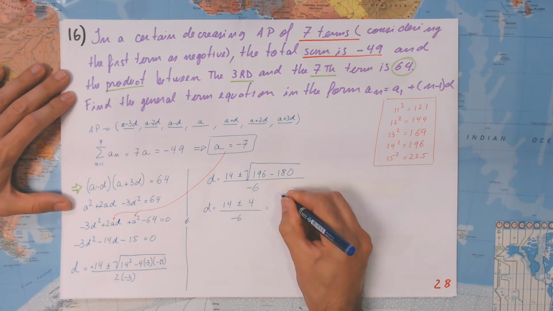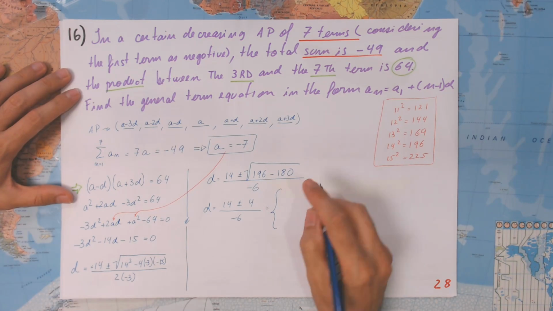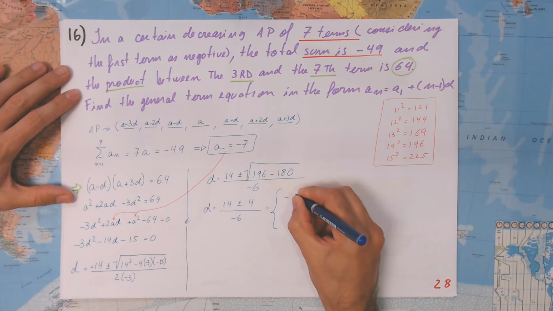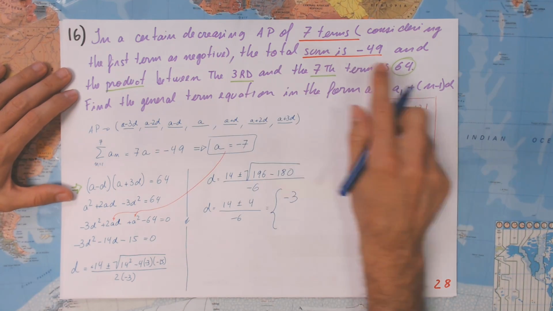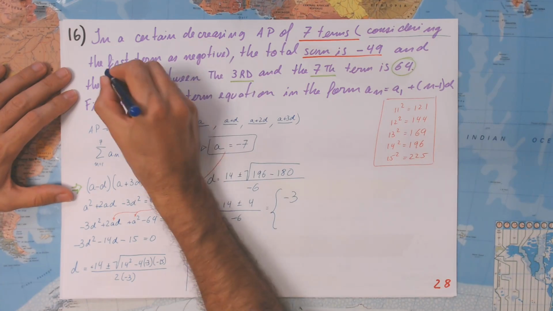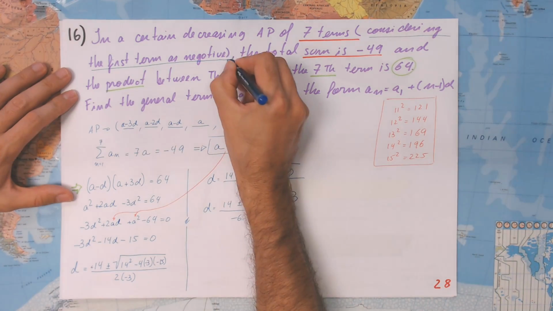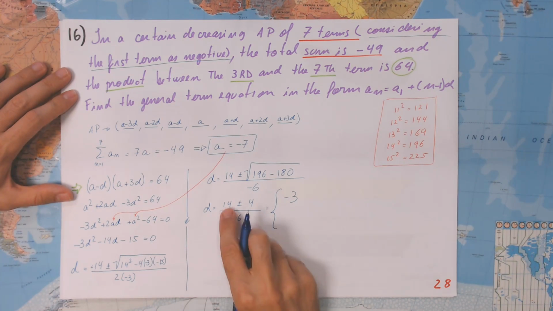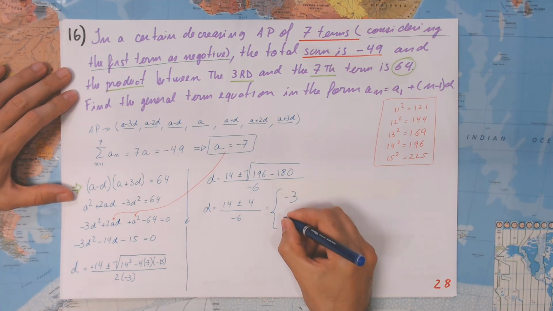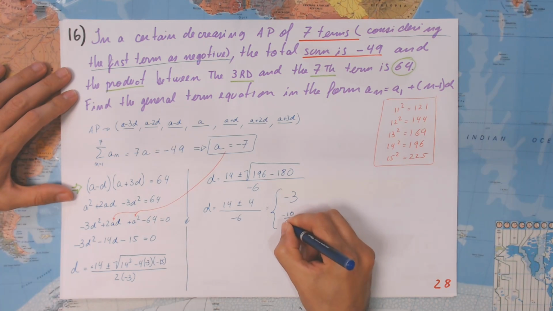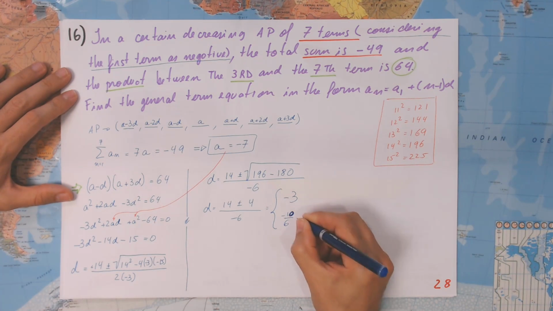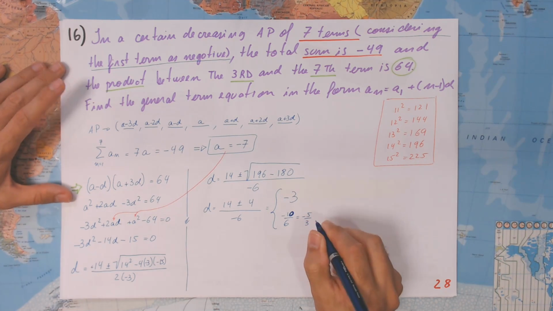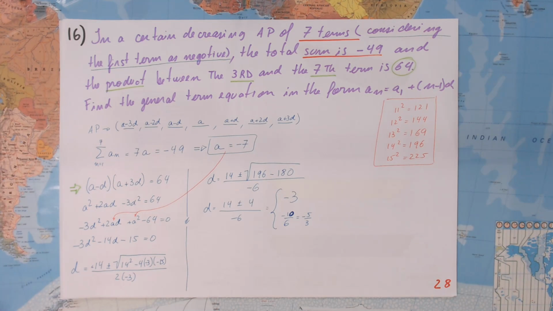Then we're going to get two values out of it. 14 plus 4 is 18, over minus 6, is minus 3. That's why I told you before to consider the first term as a negative. And in here it is going to be 10 over 6, which is minus 5/3, right?